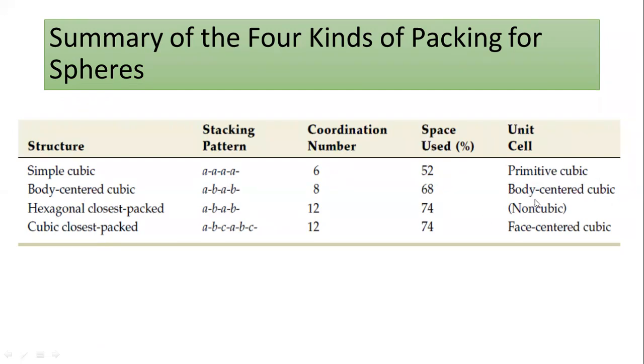And when there is a body centered cubic unit cell, then the packing of these spheres would be body centered cubic packing. Or in other words, if the packing of the spheres is body centered cubic packing with the stacking pattern of AB, having a coordination number of 8, it would occupy 68% of the space.